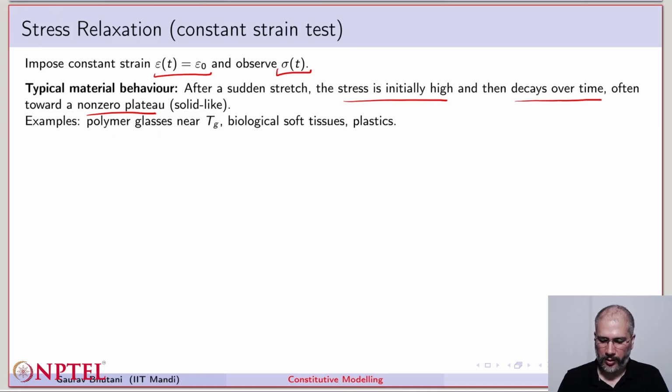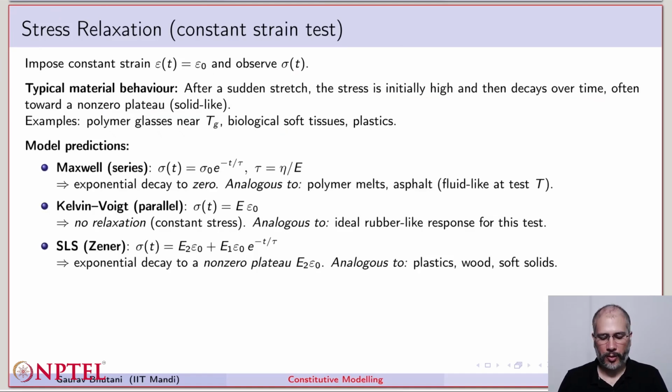Typical examples are biological soft tissues. So again, trying out different models. If we try the Maxwell model, we get this response of stress. At t equal to 0, we get a sigma naught, which is what we expect, like a sudden stress developing. But from this decay response, it decays to 0.